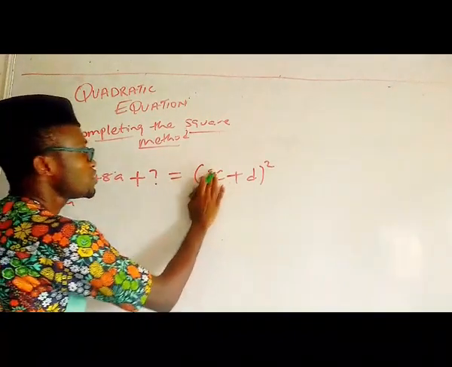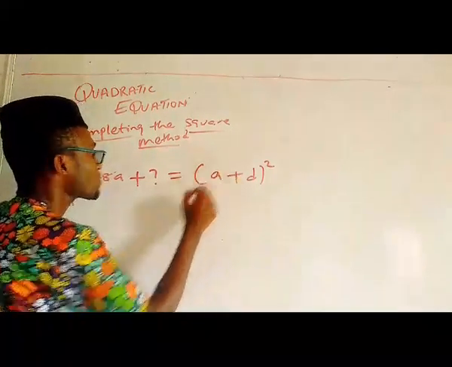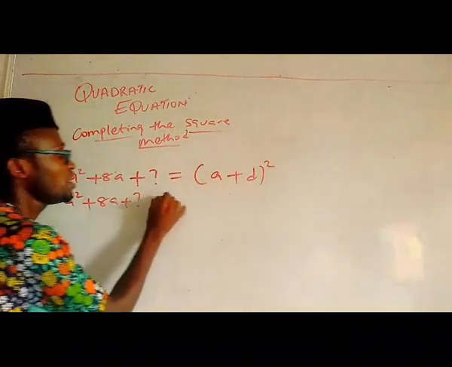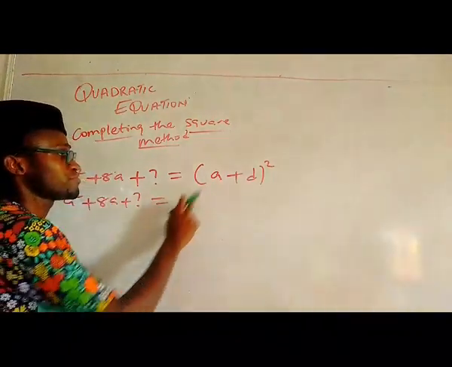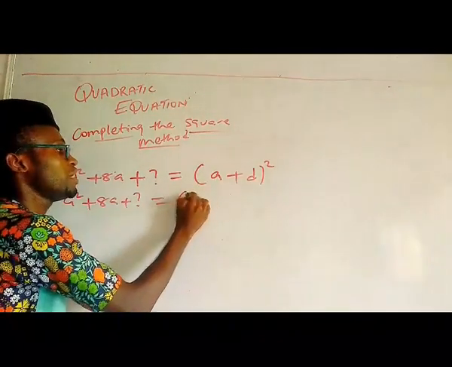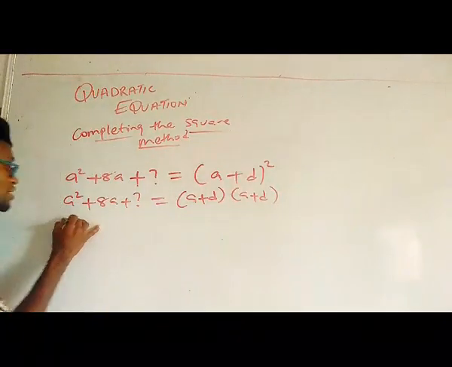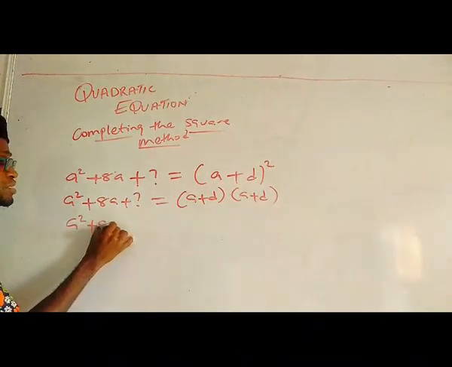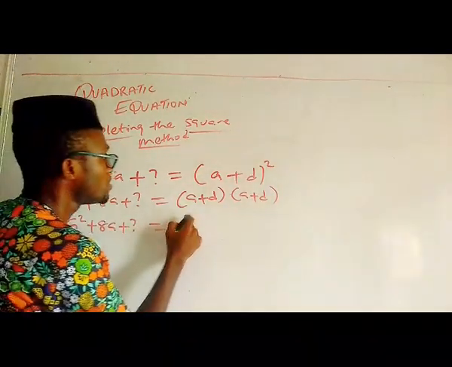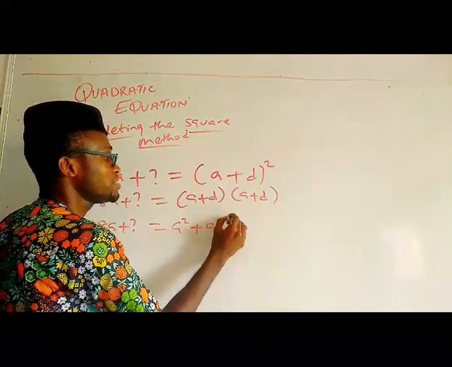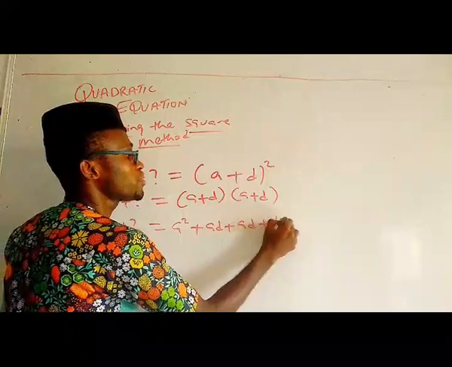Now look at it this way. A squared, so this is going to be A. So A squared plus 8A plus question mark is going to give us (A plus D)(A plus D). Now this is going to be A squared plus AD plus AD plus D squared.